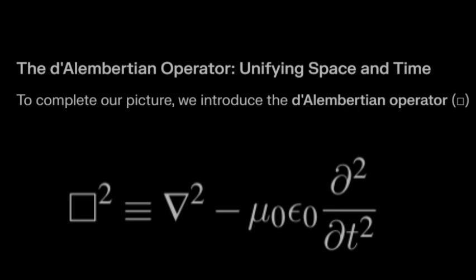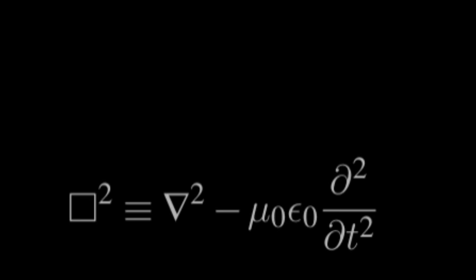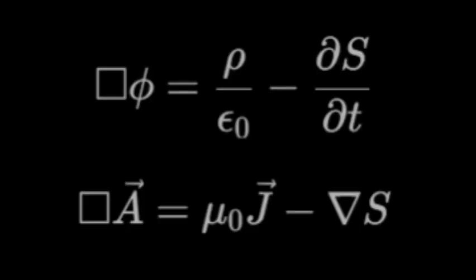It elegantly combines second spatial derivatives with second time derivatives, while space and time are fundamentally different quantities like apples and oranges and cannot be compared directly, but their rates of change, the first and second derivatives, can be meaningfully compared and combined because they are rates of change. So this D'Alembert operator allows us to write electromagnetic wave equations in their most compact form.